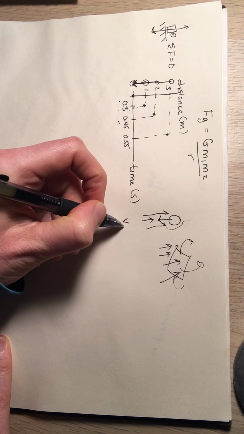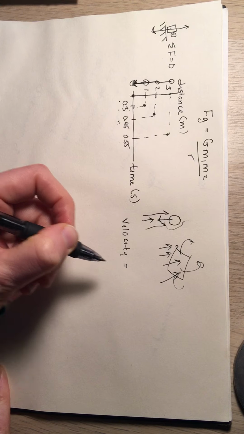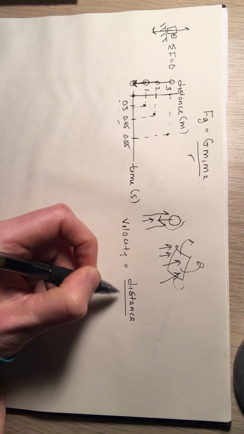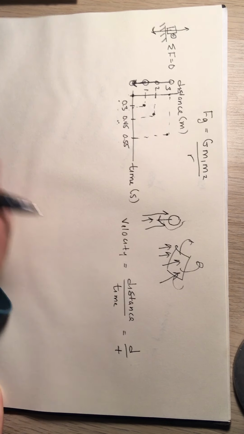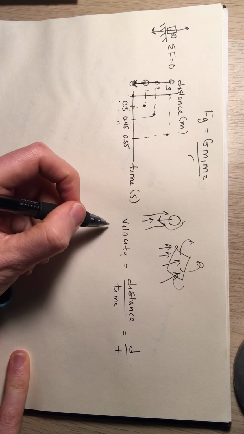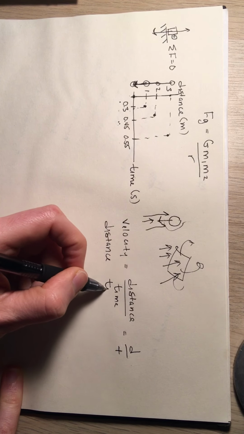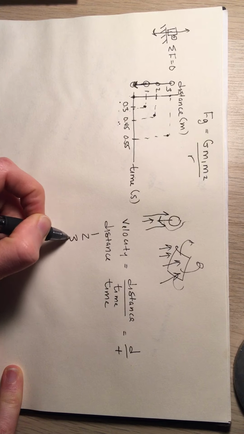So we know velocity equals, what does velocity equal? Distance over time, d over t. So if I turn this into a chart where I have distance and time, my distances are 1, 2, and 3.